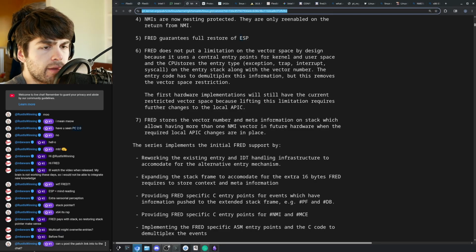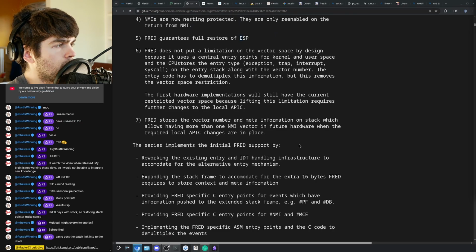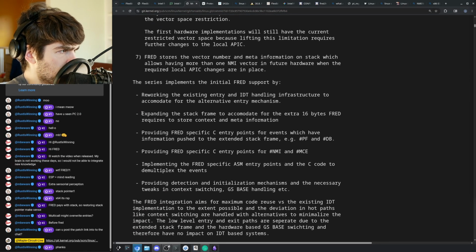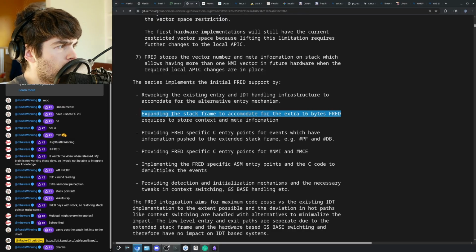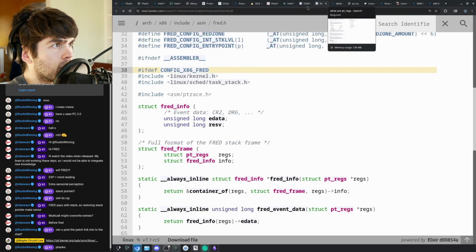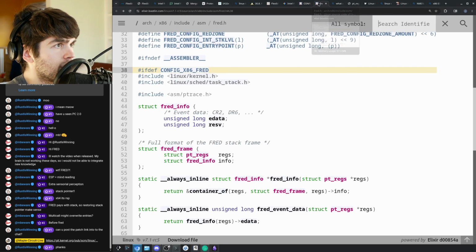Oh, yeah. Here you go. FRED stores the vector number and, okay. Yeah, okay. So expanding this stack frame to accommodate an extra 16 bytes, FRED requires it to store the context and meta information. So that's here. Did I really close it like a buffoon? No way I did.